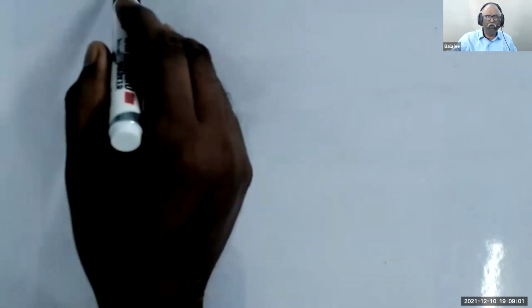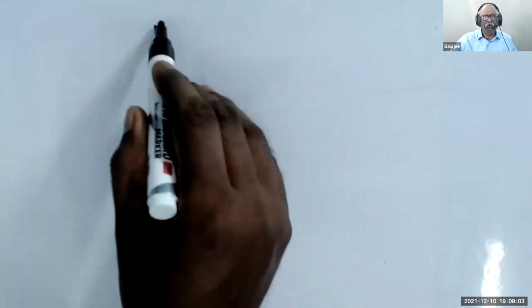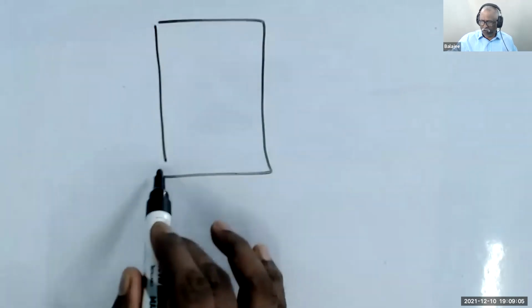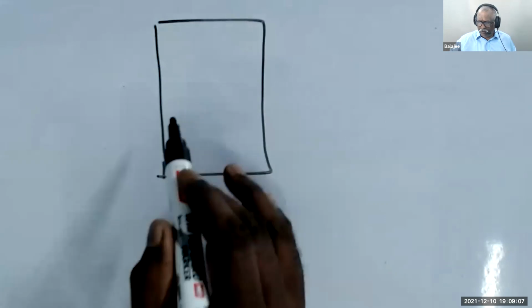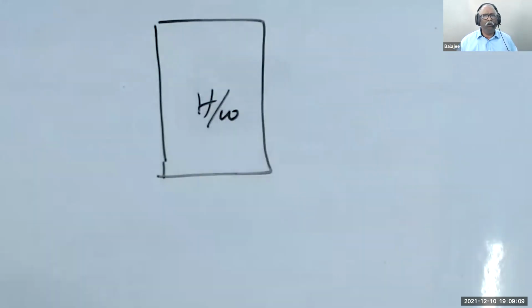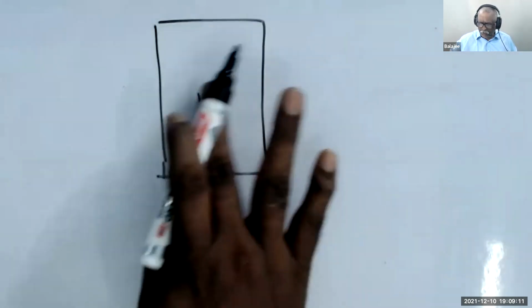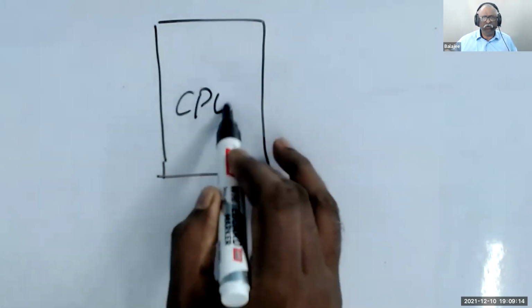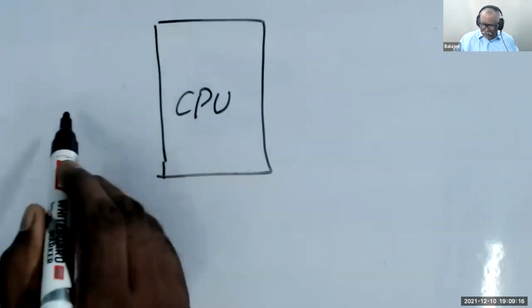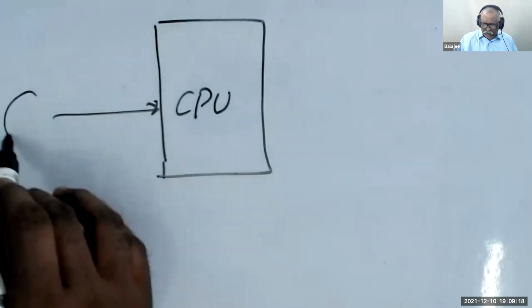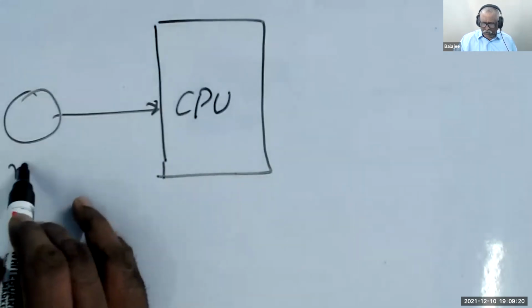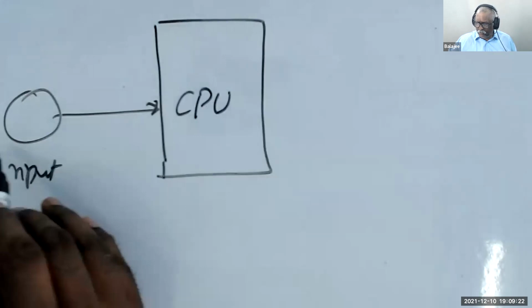Okay, so think of it. You have a hardware or CPU. You call this a CPU. And I have some input signals. I have some output signals.